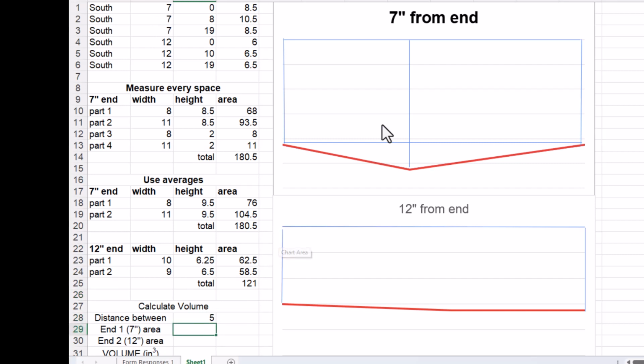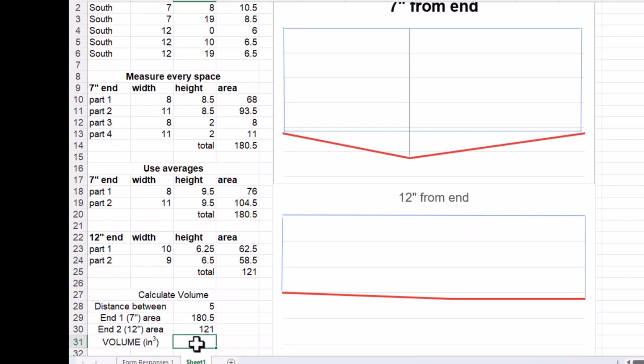The area for this end is equal to 80.5. And the area for this one is 121. And so our volume equals the distance between, I've named these cells so they come up in my formula nicely.